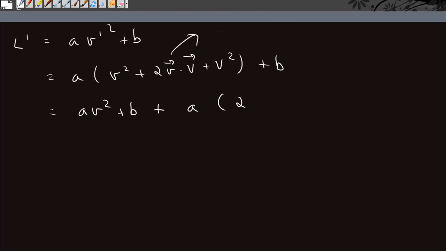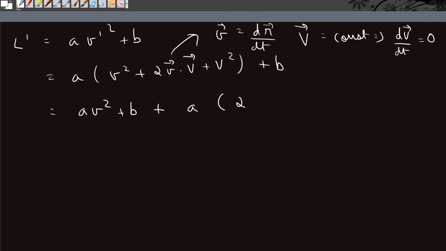Now this V can be written as dr by dt, and v is a constant, which implies dv by dt is 0.